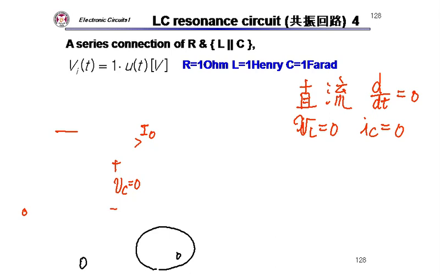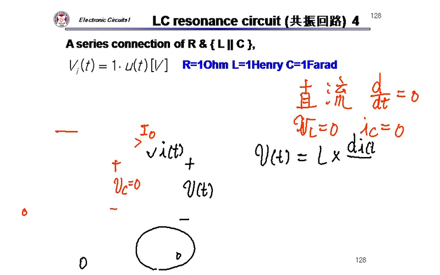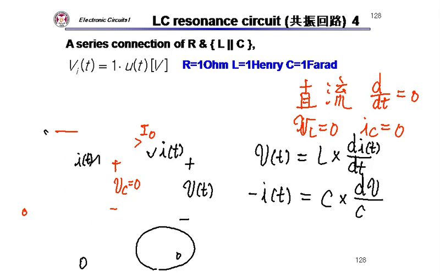Then next, let's see. So this is my current, this is my voltage. Because of the inductor, the voltage will be L times di over dt. The capacitor current, because this is open circuited, is C times dV over dt, right?